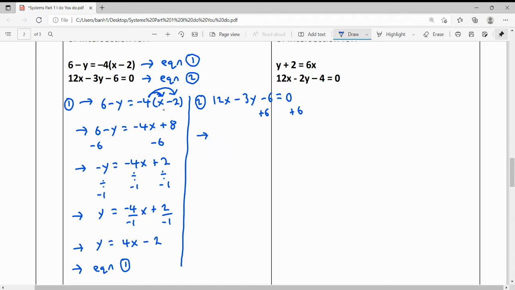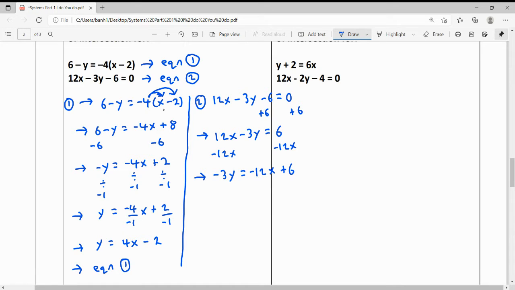If I do that, I should have 12x minus 3y equals 6. Now I want to subtract 12x from both sides. So if I subtract 12x from the left-hand side and from the right-hand side, what I should have left on the left-hand side is just negative 3y, and on the right-hand side, I should have negative 12x plus 6.